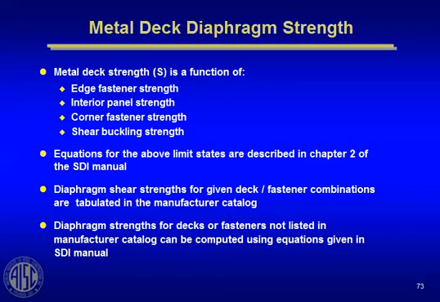So you'll look in a catalog with a certain deck fastened a certain way, and it'll say S is equal to 290 pounds per foot. That means 290 pounds of shear can be transferred for every running foot of metal deck attachment to the supporting beam. And typical values of that strength range from 150 or 200 all the way up to about 1,200.